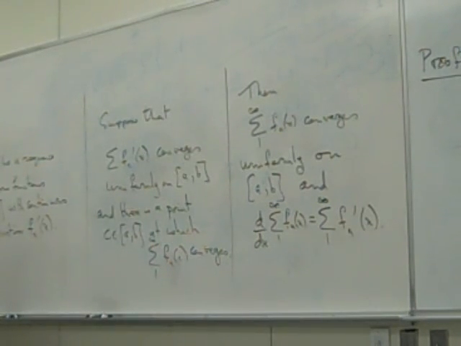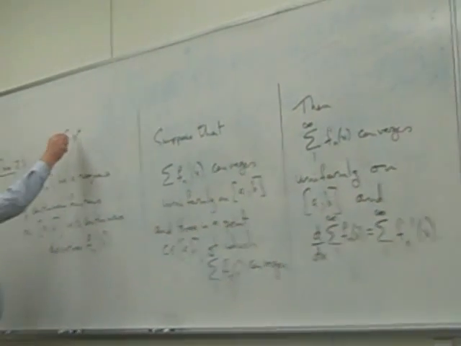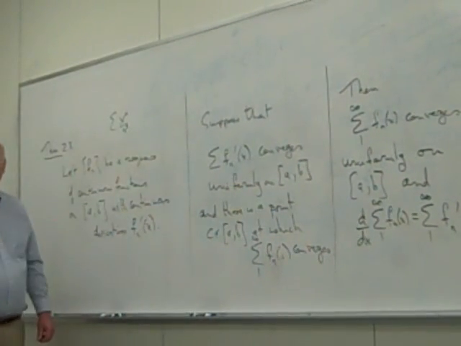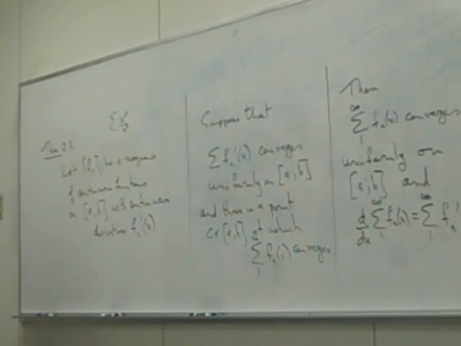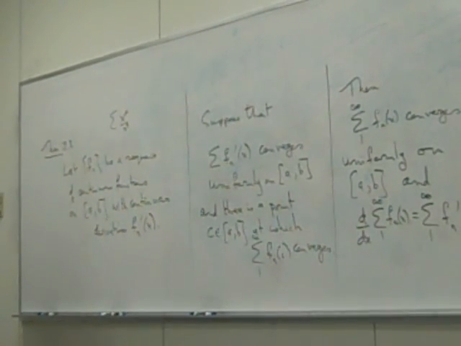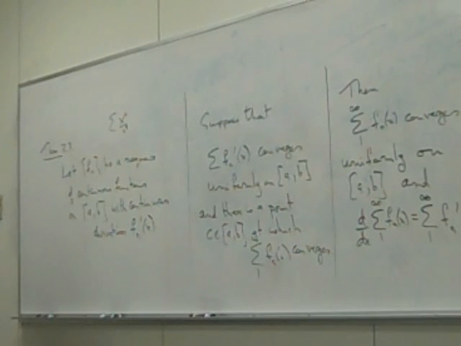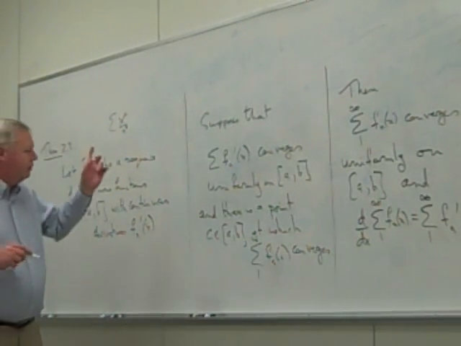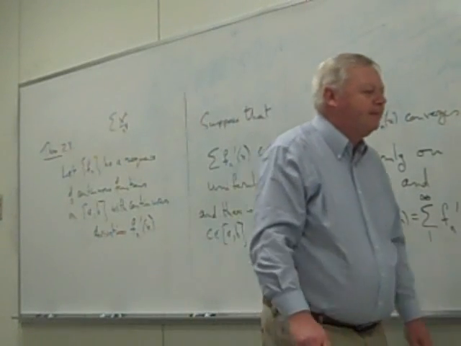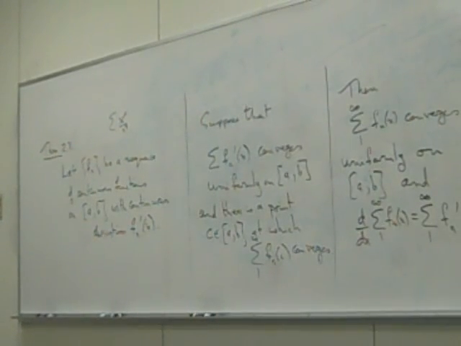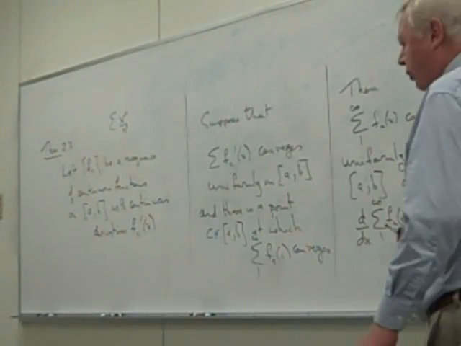And the example for that would be, see, if you took the series sum of x to the n over n squared, because sum of 1 over n squared... no, actually, forget that. I don't think that's a good example. Maybe one will occur to me.